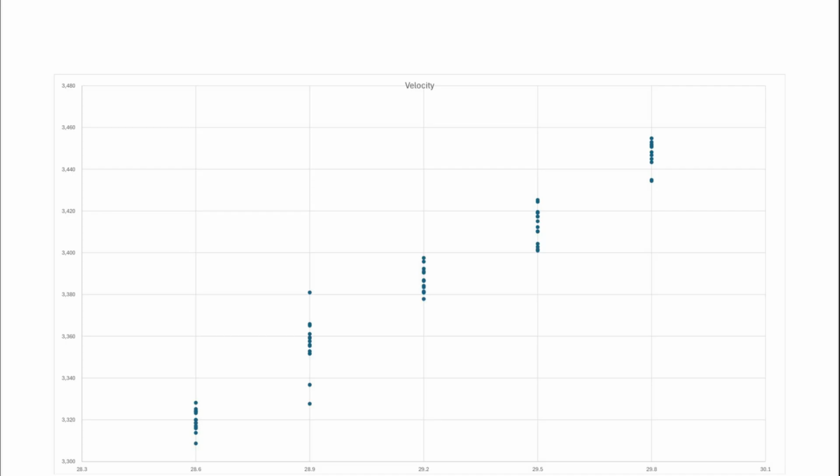But in reality, when you take the average of all of the 29.2s and the average of all of the 29.5s, there really isn't a flat spot there.